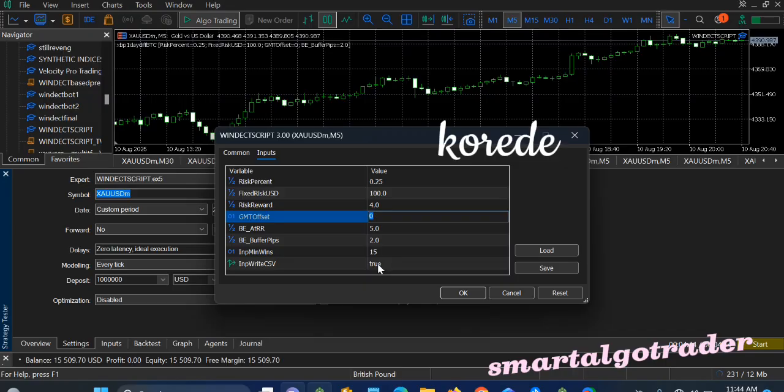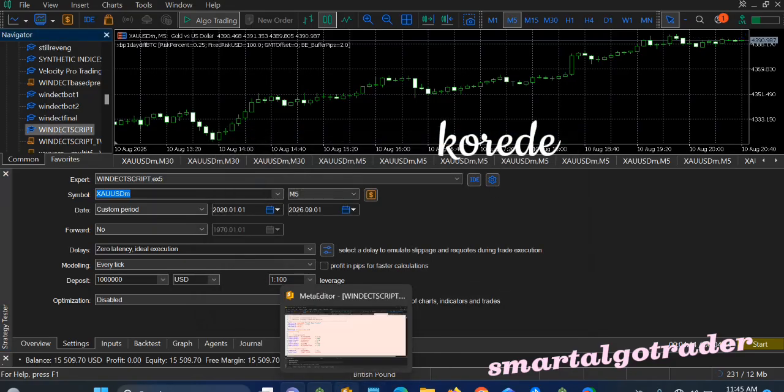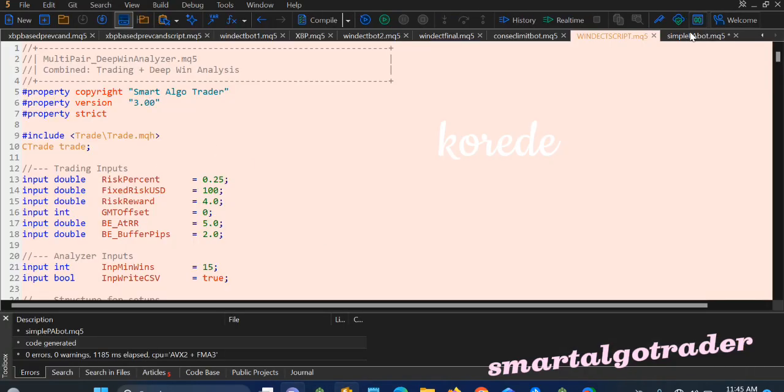Maybe you also want to get some result like the CSV. So a lot of information can be edited based on the input given. Hope you understand.